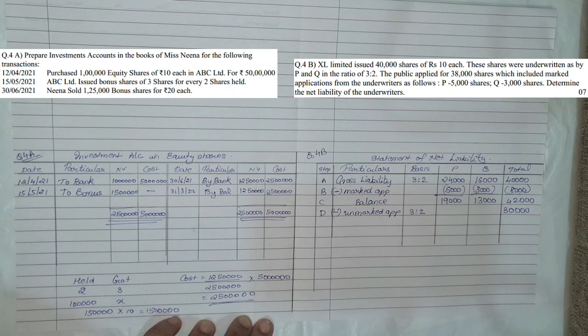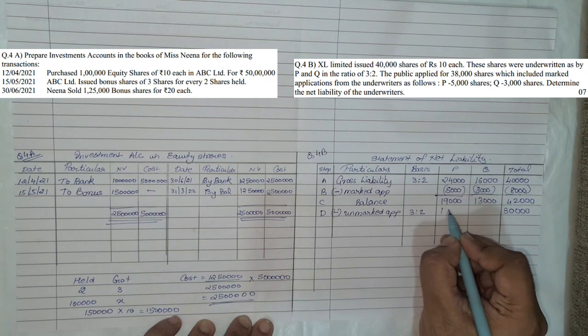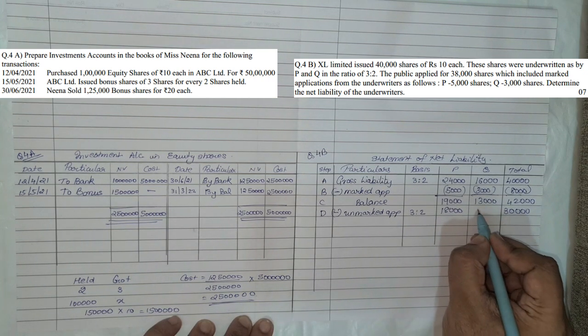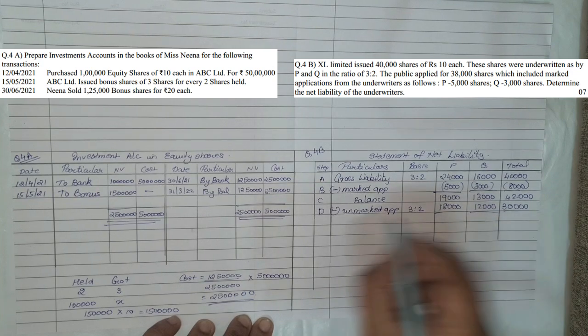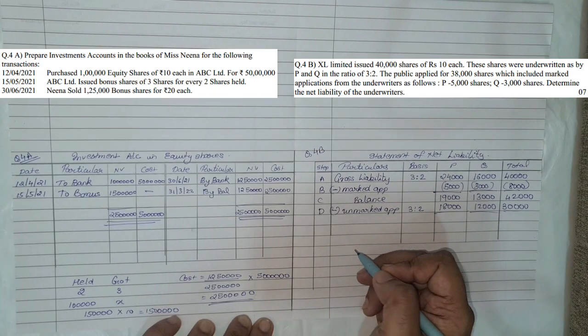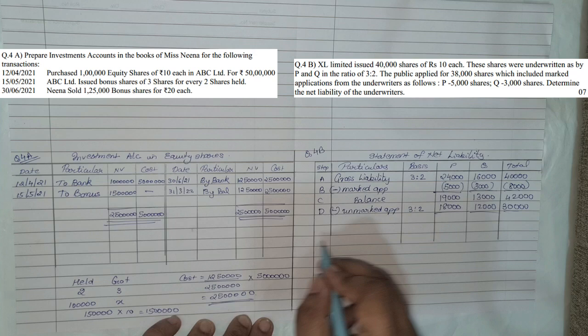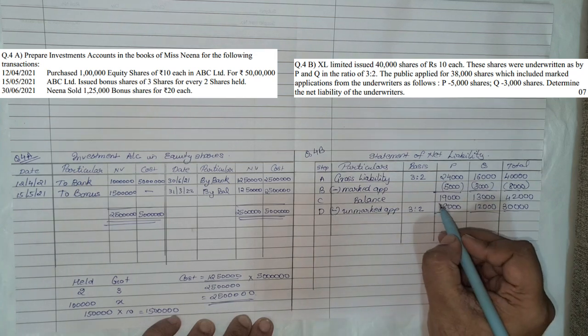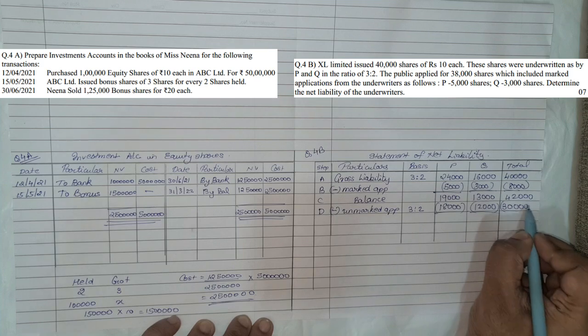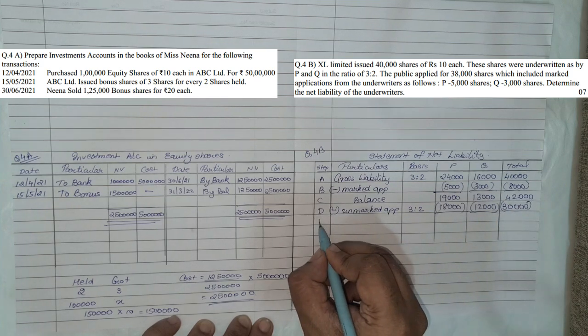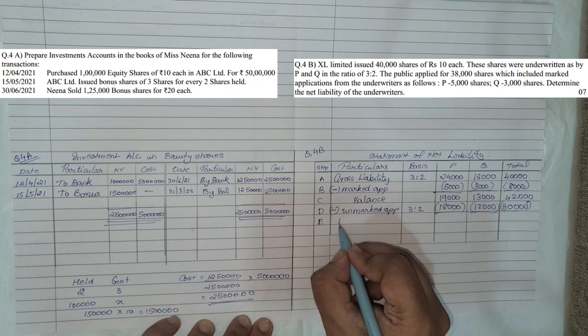So 30,000 into 3 divided by 5 comes to 18,000. So if one is 18, the other one will be 12,000. We will subtract it and get the balance. After that, there's nothing else given in the question. So 19 minus 18 will become 1, and 13 minus 12 will also be 1. So basically we're going to get a positive value. That will be our final value.